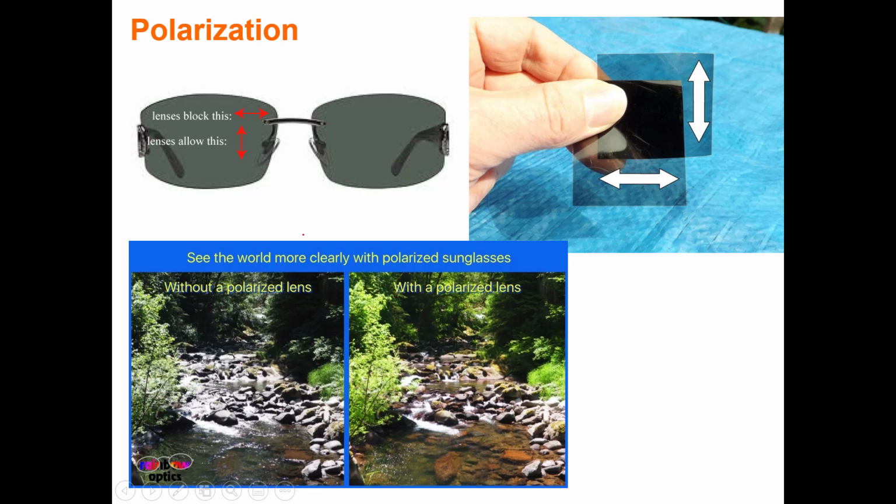Usually the polarized glasses we use block the horizontal light and always allow the vertical light to pass, because our eyes are more sensitive to the vertical light.